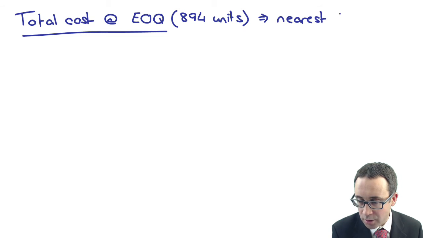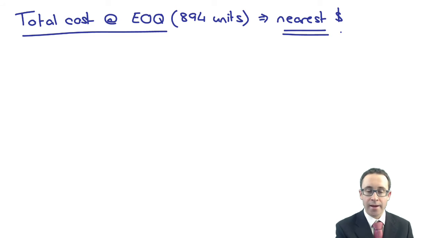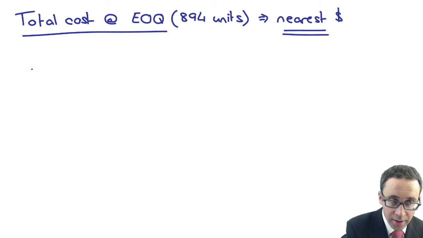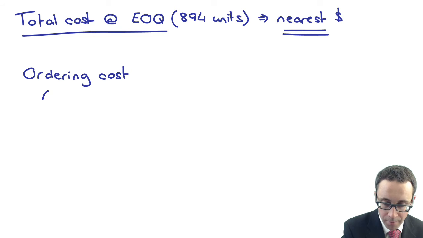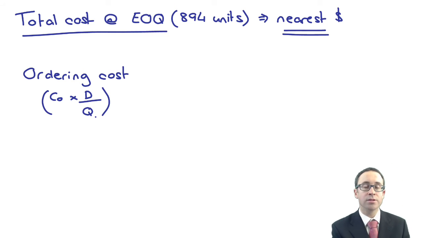It doesn't say within the question, but it will be there to the nearest dollar. Okay, so what you've got there is you need to consider your ordering cost. Remember, that's your order cost multiplied by the annual demand, divided by the quantity.